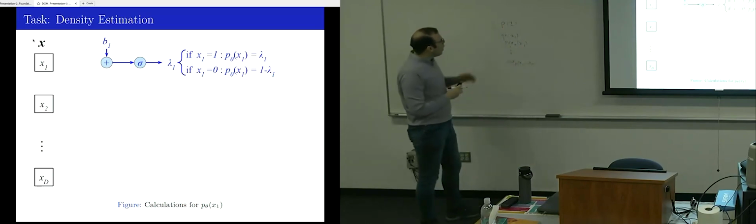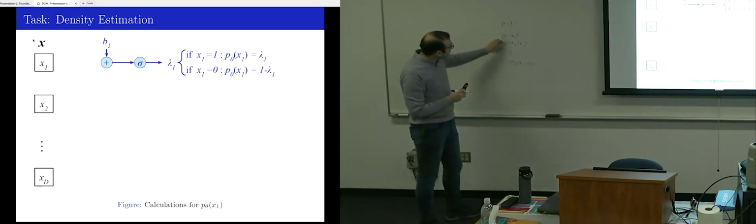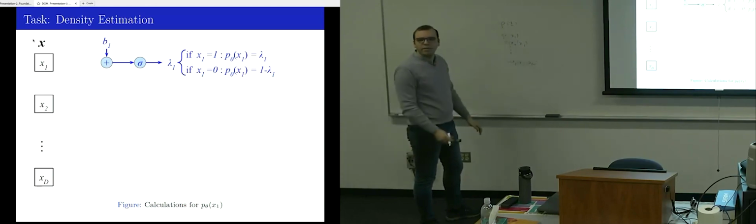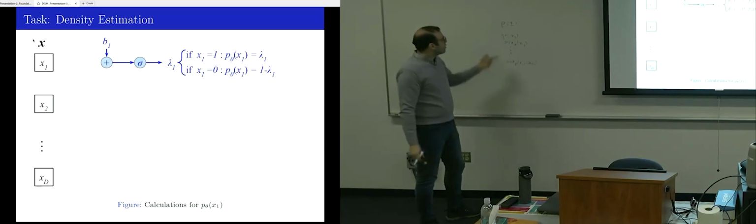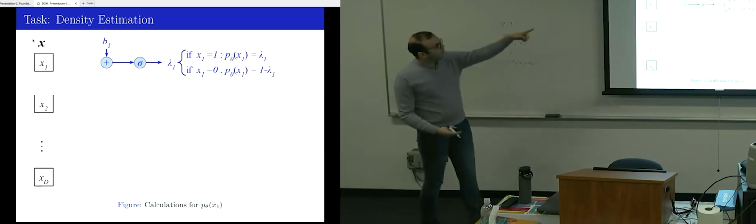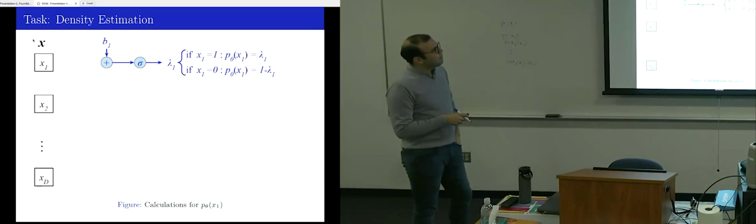So I should just calculate these conditional probabilities and then multiply them together. This is the first one. We know that the first element has a distribution with this parameter.